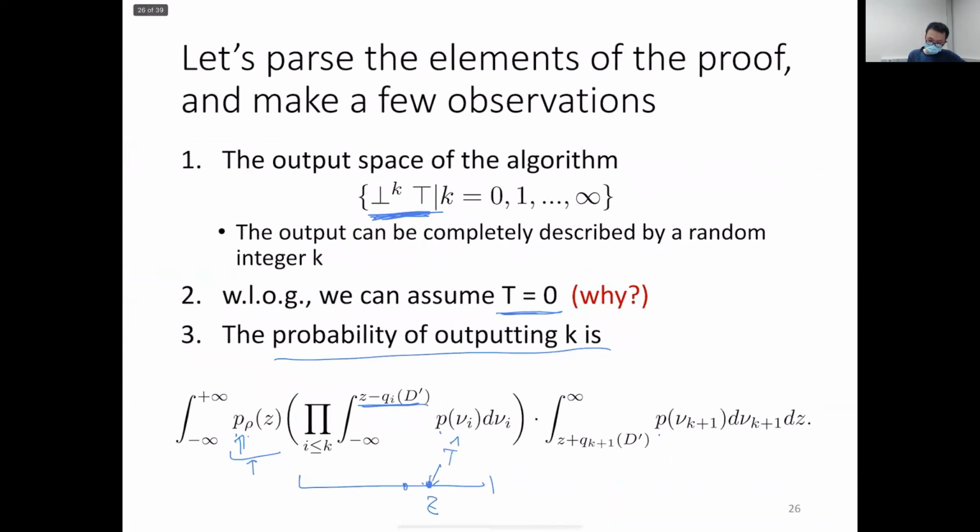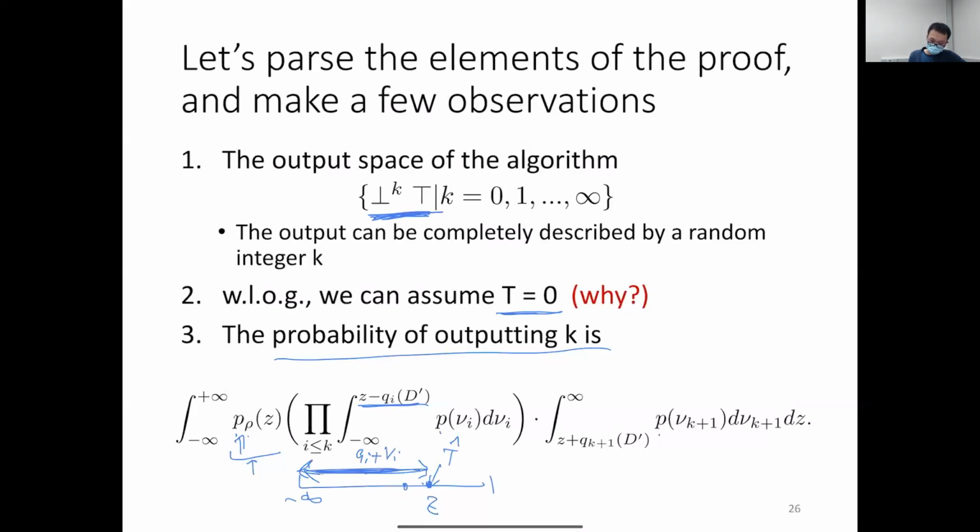Then this is saying that we're not stopping because this random variable ended up within this range. Therefore we're integrating from minus infinity all the way to, so q_i plus nu_i is in this range.